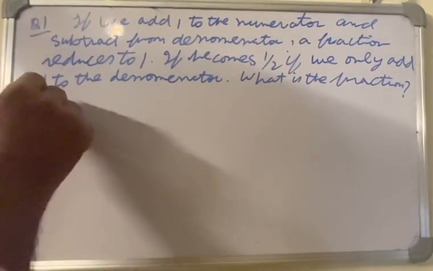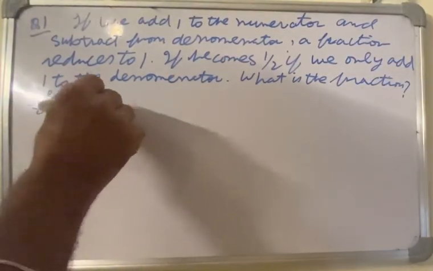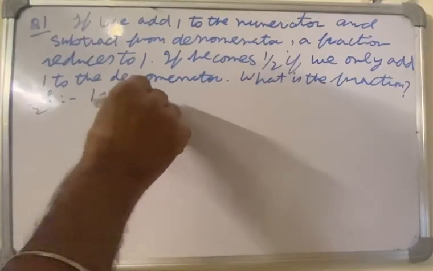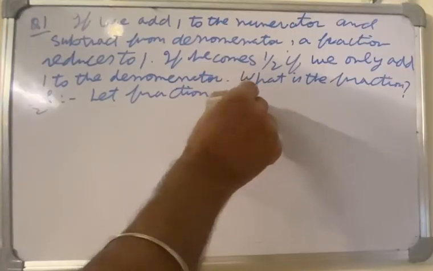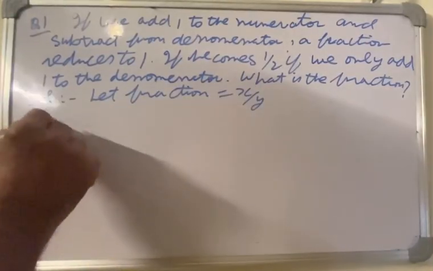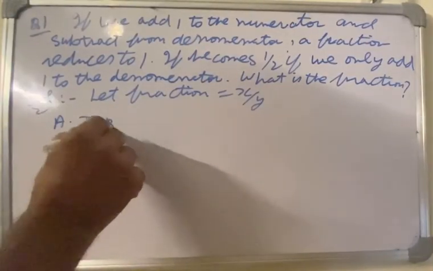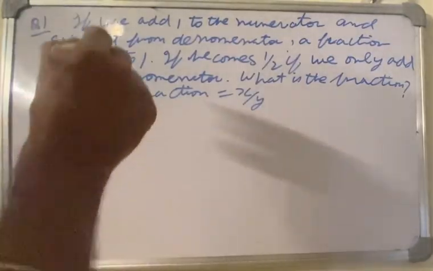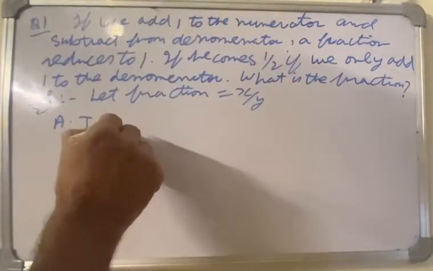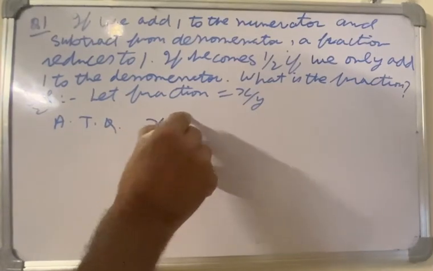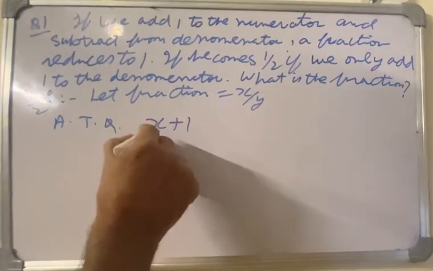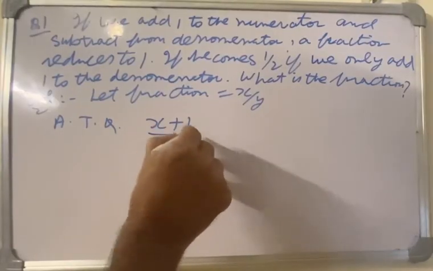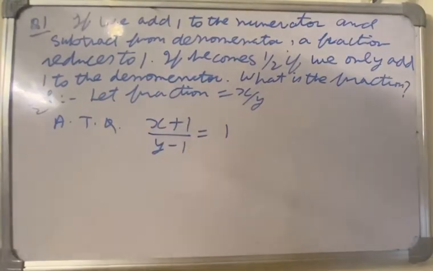Solution. Let the fraction be x over y. According to the question, we add 1 to the numerator, which means x plus 1, and subtract 1 from the denominator, which means over y minus 1, we get fraction 1.